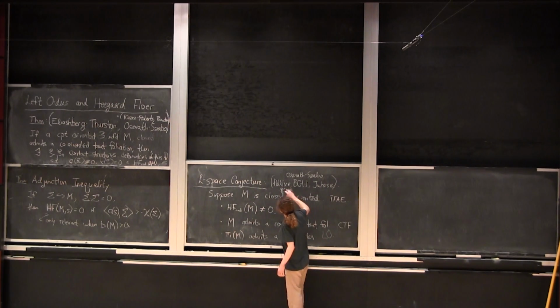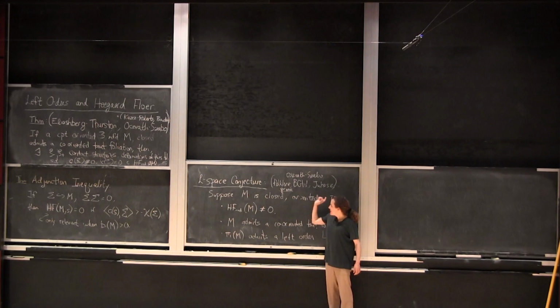Prime, and this is actually prime for kind of stupid reasons, right? You have a foliation individually on each component, and you have left orders individually on each component.